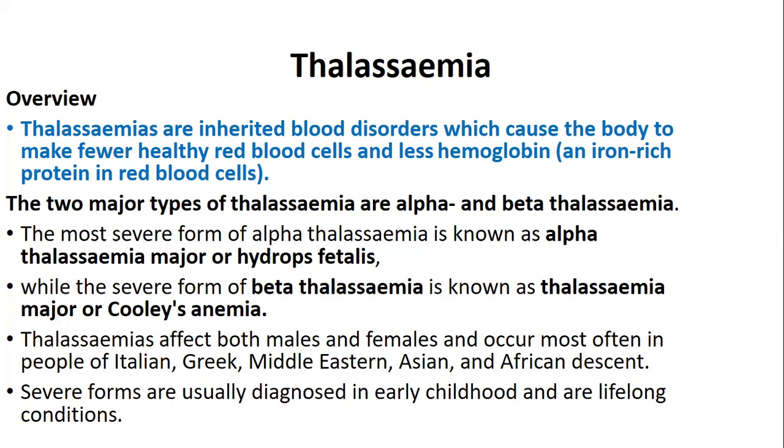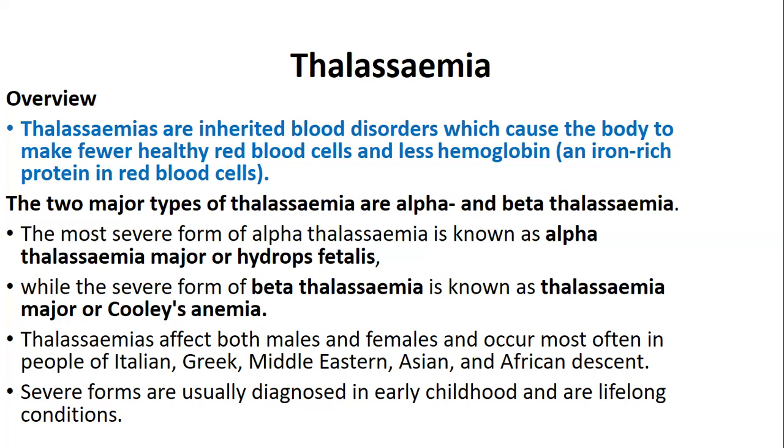The two major types of thalassemia are alpha and beta thalassemia. As we are well aware, the structure of hemoglobin is made up of two chains, the beta chain and the alpha chain.